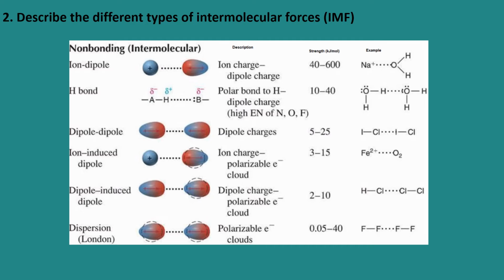Next, we have the dipole-dipole. Earlier, we showed you the picture of hydrochloric acid, wherein hydrogen is bonded with chlorine to make a covalent bond. That's for the intramolecular. In terms of the forces between those kinds of molecules, for example, we have here iodine and chlorine.